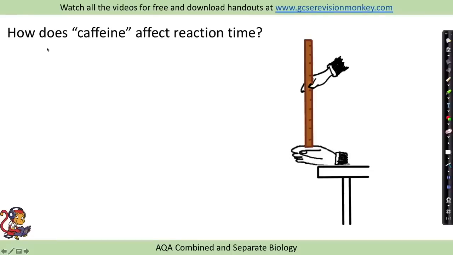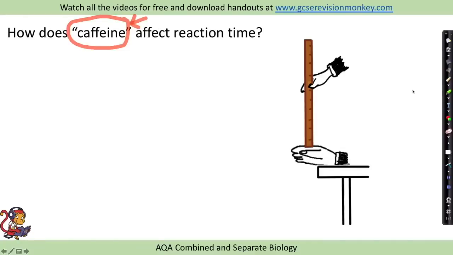For example, we could ask the question, how does caffeine affect reaction time? Now, this is just one example of a factor that we could investigate. You could well in the exam be asked about something like distractions or tiredness or something like that. So this here could change and become a different factor.